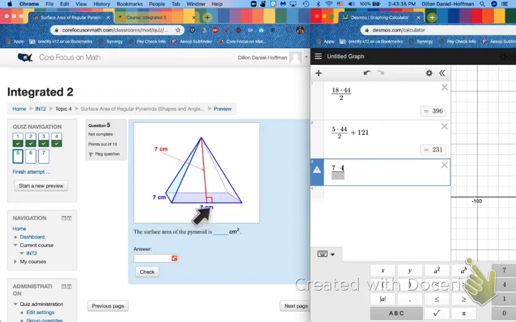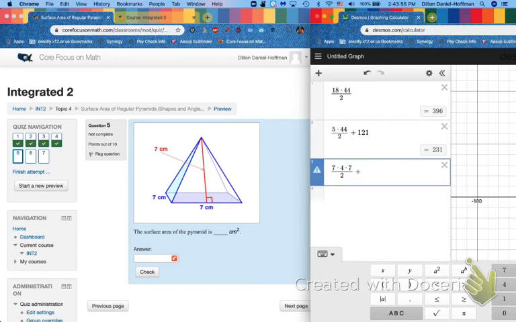Then you're going to multiply it times the slant height, which is the same number for me, 7. So for you, it might be a different number. Multiply it times whatever your red up and down number is for the slant height. Then on bottom, still divided by 2.